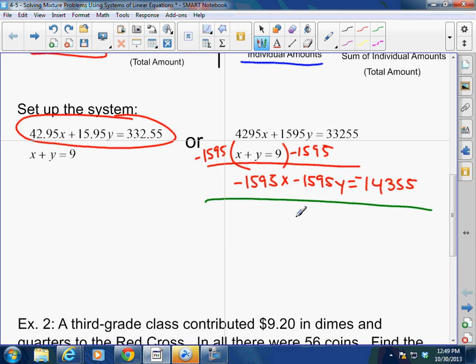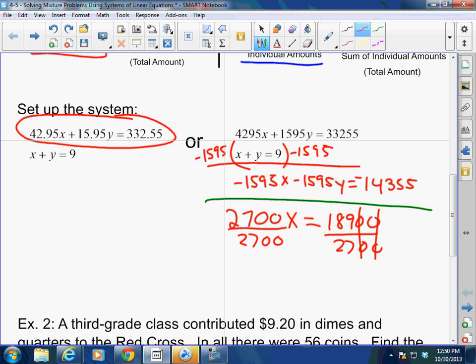So we've got 2,700x equals 33,255 minus 14,355, which is going to give me 18,900. Divide by 2,700. Cancel the zeros. And x will equal 7.